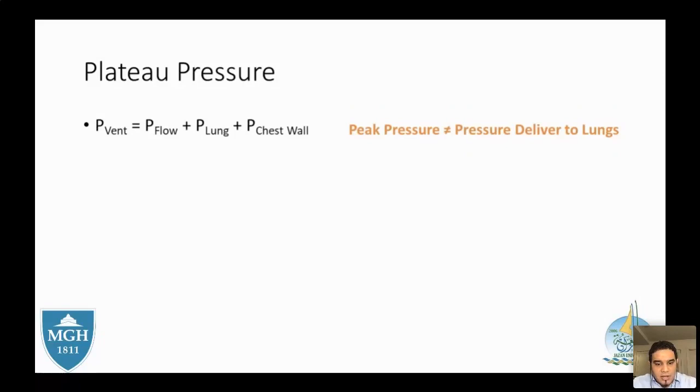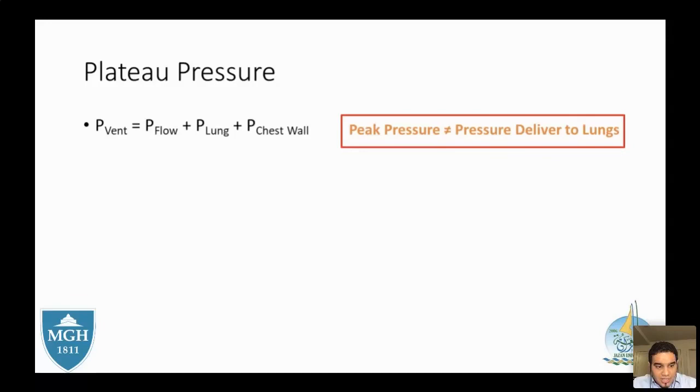However, the pressure measured at the ventilator is not the pressure delivered to the patient due to loss from flow resistance. Therefore, peak pressure measurement at the ventilator does not reflect the pressure in the lungs.